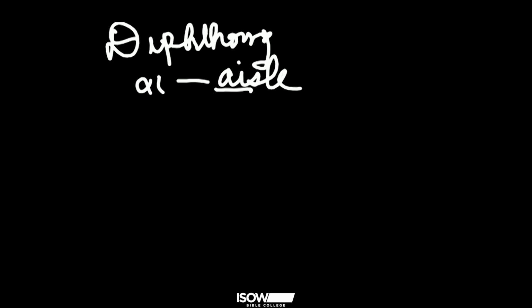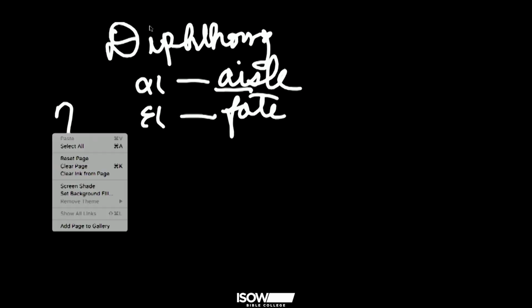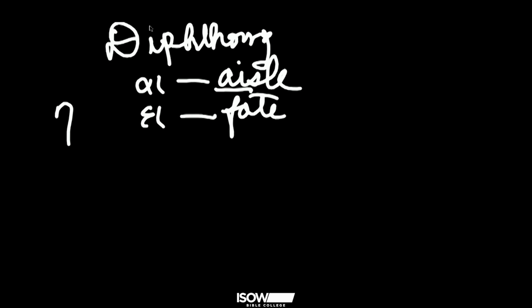The second diphthong is the epsilon iota diphthong that is pronounced exactly like the A in fate. So this letter, eta, and this diphthong are pronounced the same way, like the A in fate.